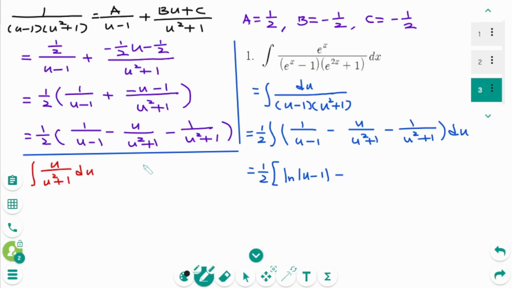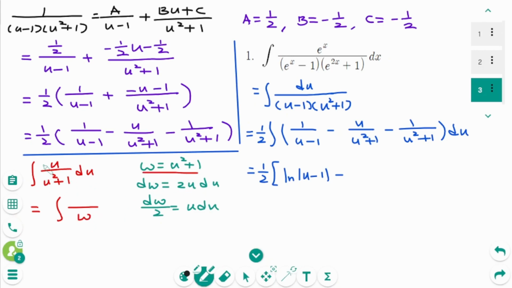Use the substitution. Let w equal u squared plus 1, then differentiate each side. dw equals 2u du, then divide by 2 on each side. dw over 2 equals u du. The integral of u squared plus 1 is w, u du, that means dw over 2.